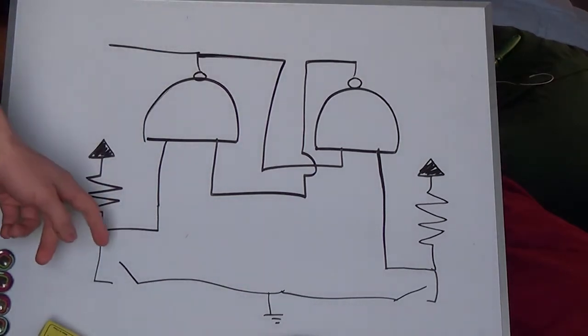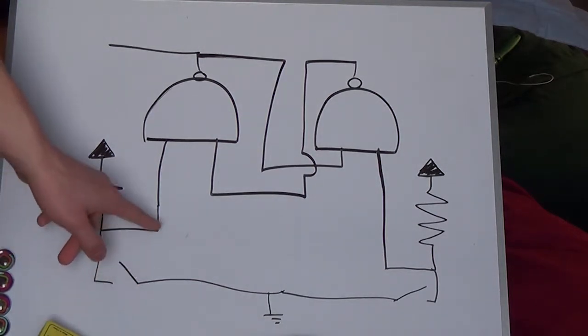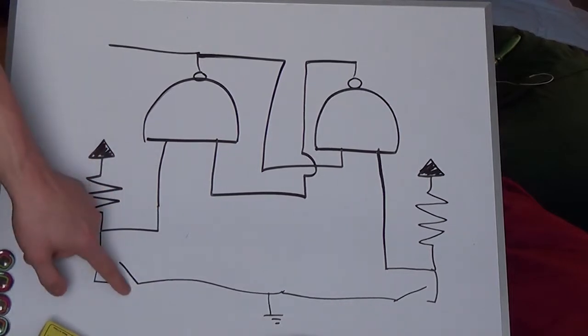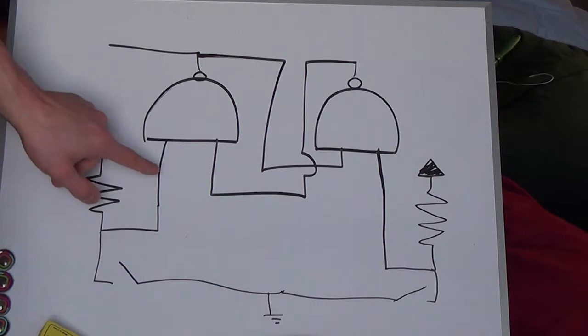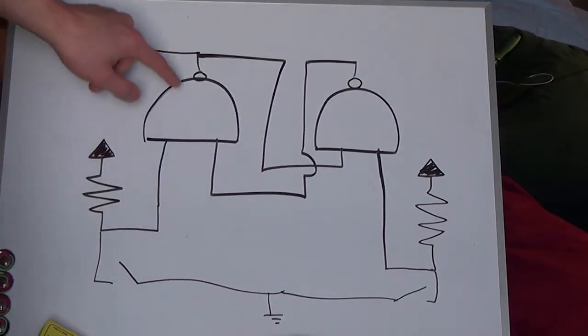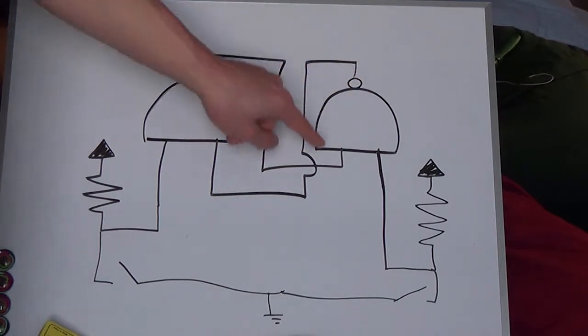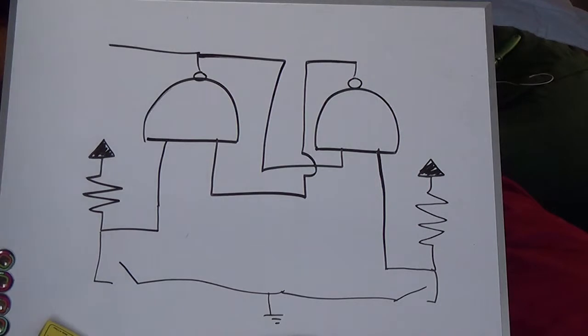Let's say I pull this input low by connecting that switch, allowing an electrical pathway from this input of the NAND gate to ground. When this input's low, Q is going to go high, and then this Q bar here will go low. So then this will be pulsed high.